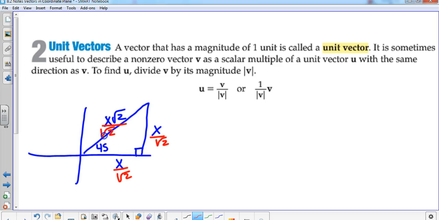And so then we came up with, if this is 1, this was 1 over the square root of 2, or square root of 2 over 2, and square root of 2 over 2. Remember when we were doing that on the unit circle? A little bit. This idea that you want the length of the vector, or in our case the radius, to be 1, is what they're talking about here for a unit vector as well.